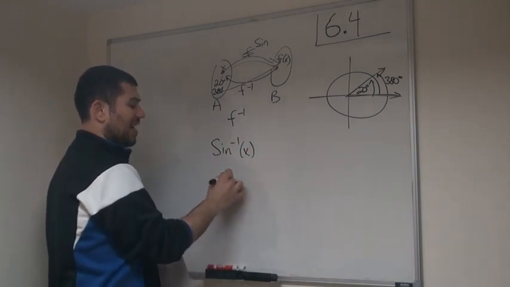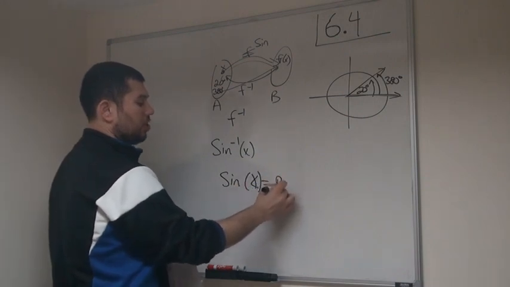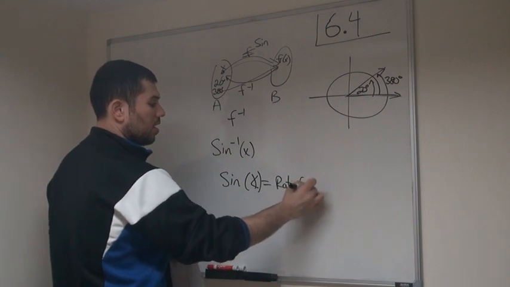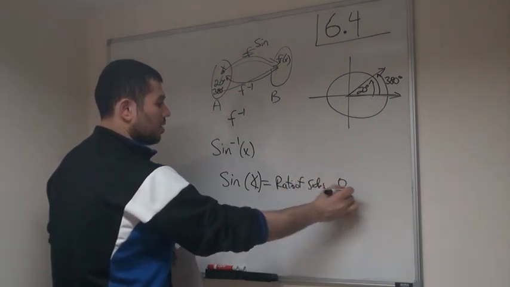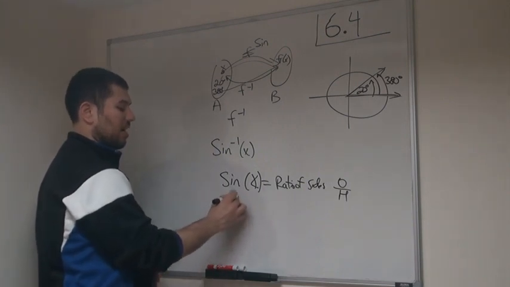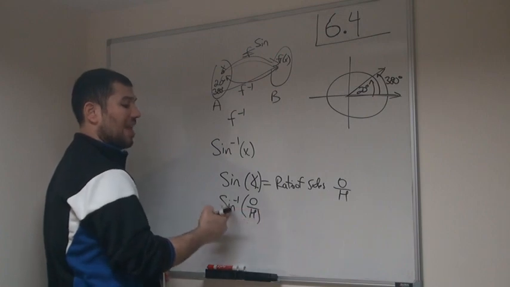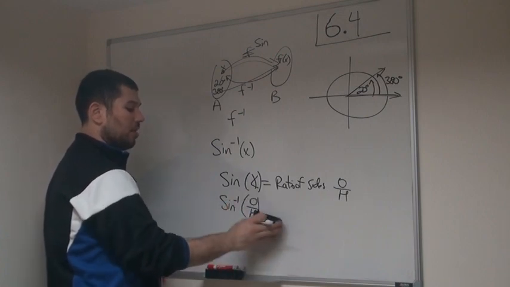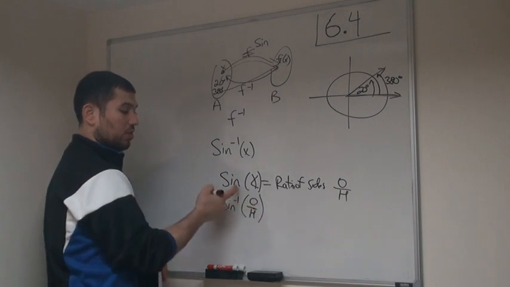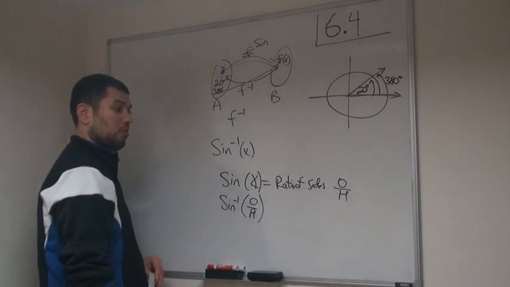So if the sine of an angle gave me a ratio of sides which were opposite over hypotenuse, the inverse sine of opposite over hypotenuse. So I'm now using the input to the inverse, which was the result or the output of the forward rule.